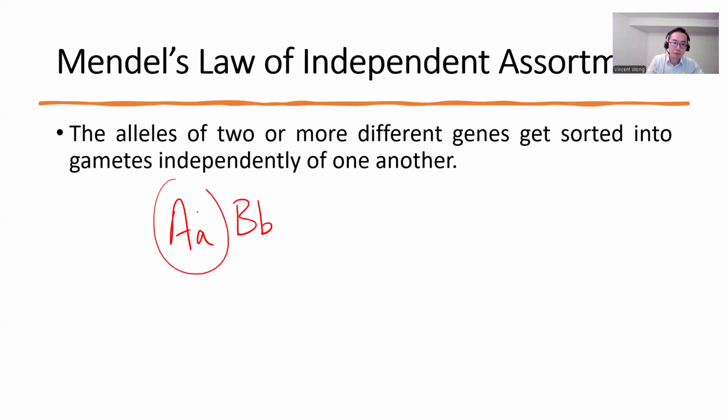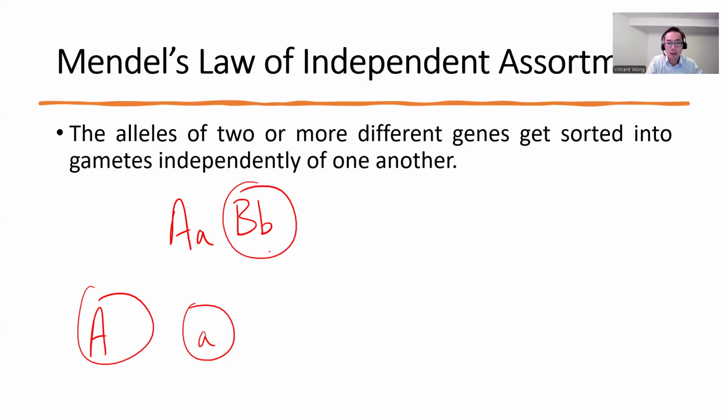So for the big A, small a, because of the law of segregation, the gamete will either have the big A or the small a. Okay? That part you understand. But whether you inherit the big A or not will not affect whether you inherit the big B or the small b. In fact, the big A could pair up with the big B, or the big A can pair up with the small b.